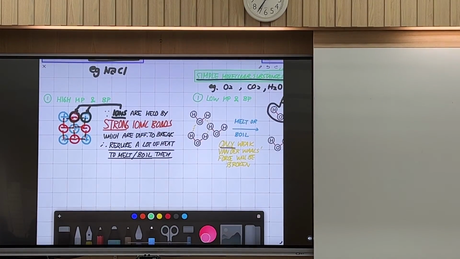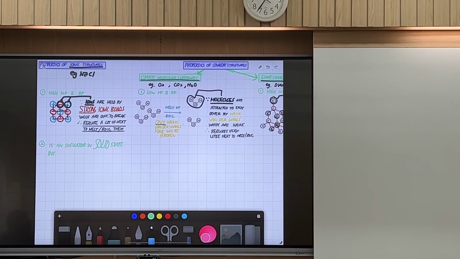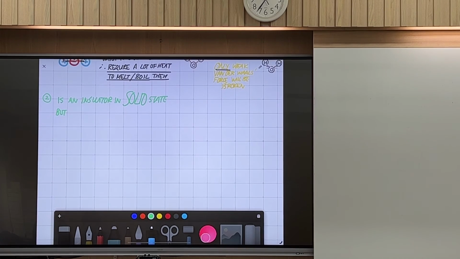The second property here is it is an insulator in solid state. But wait, why can water break the strong ionic bonds? That's a very difficult question to answer. But remember, I said H2O is actually a schizophrenic molecule.